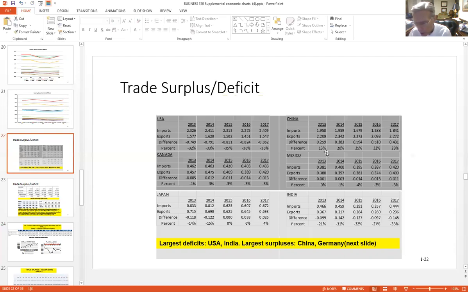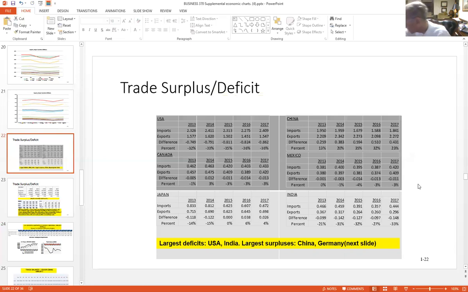You can see that China, on the other hand, had a surplus. That is, it exported more than it imported by 23%. So the US had a deficit of 36%. It imported that much more than it exported, whereas China exported more than it imported by about a quarter.